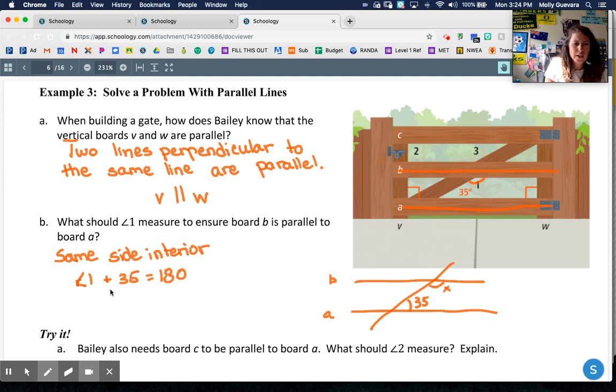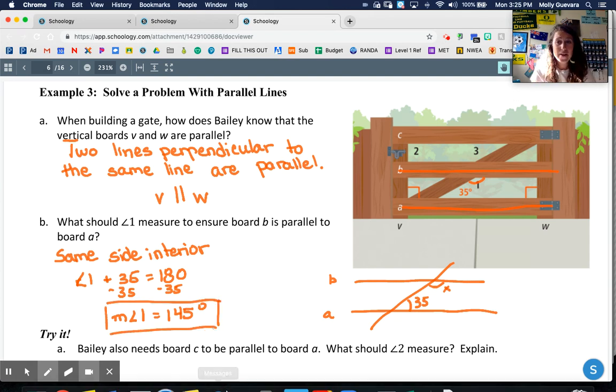If I subtract 35 from both sides, I get that the measure of angle 1 is equal to 145. So if angle 1 is 145, then I can say for a fact that A and B are parallel to each other.